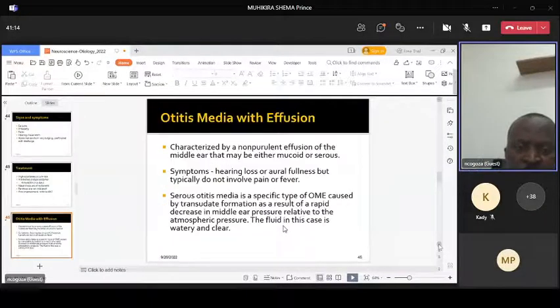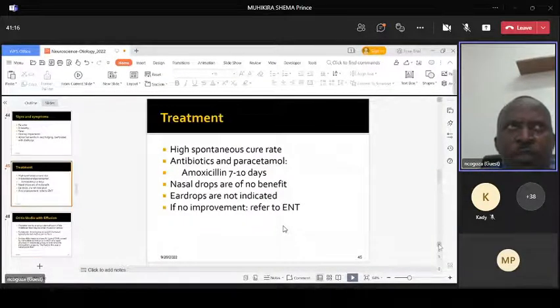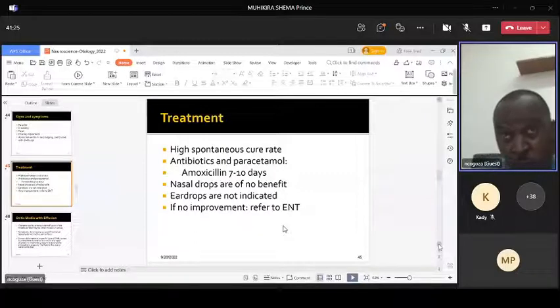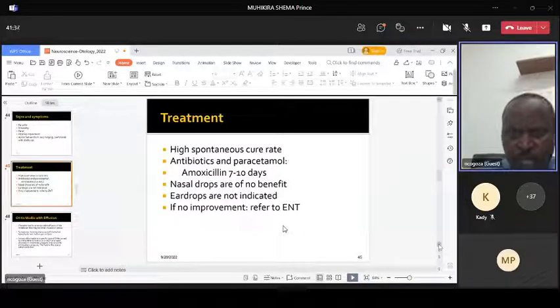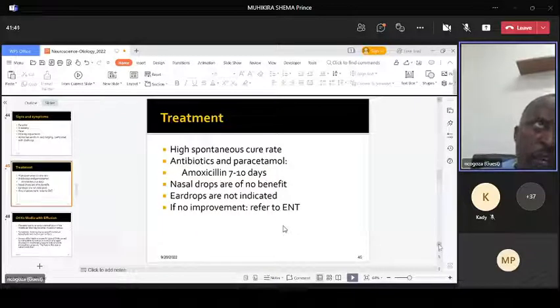So the treatment, of course: it's an infection. You give antibiotics based on the cause. The cause is Streptococcus pneumoniae, so you give antibiotics, mostly penicillin. You can give nasal drops if there is associated nasal congestion. Ear drops have no indication, because the infection is in the middle ear, not in the outer ear.